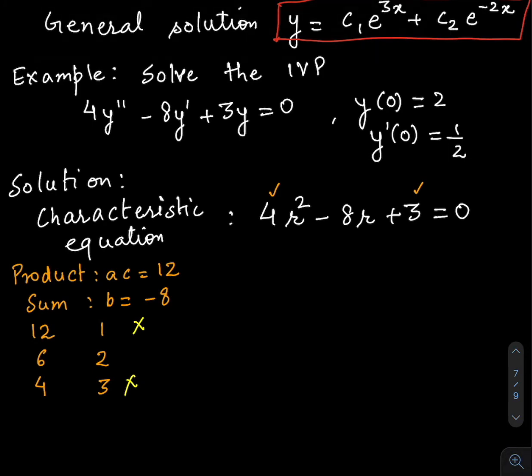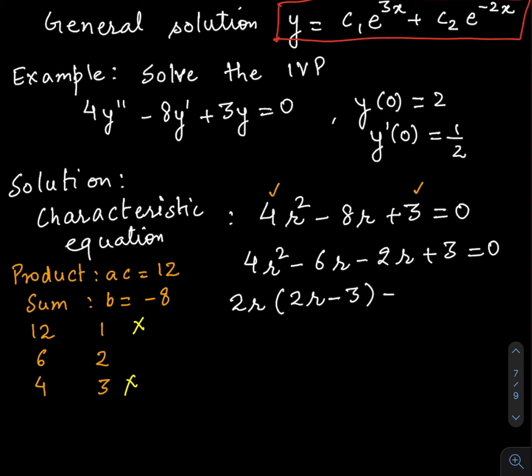So what we'll do is write this equation as 4r squared minus 6r minus 2r plus 3 equal to 0. And then from the first two terms we can pull out 2r, so we will get 2r minus 3.